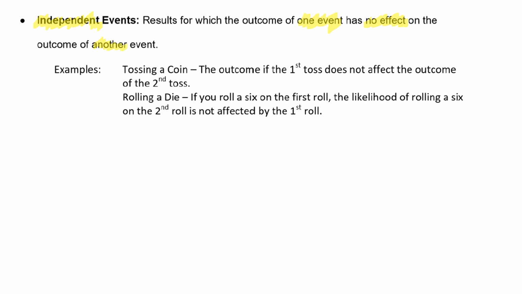One example is, for instance, imagine you're tossing a coin that has head and tail. If I flip a coin, and let's say I flip the coin a total of 5 times.